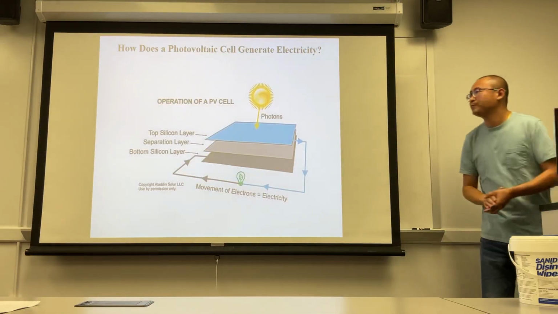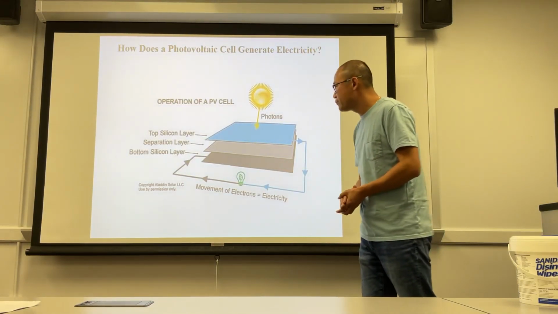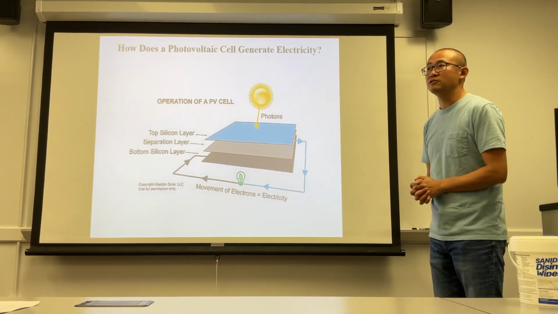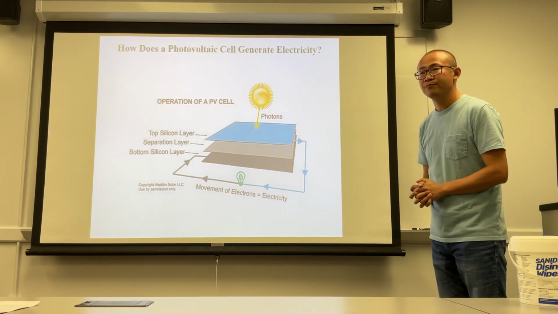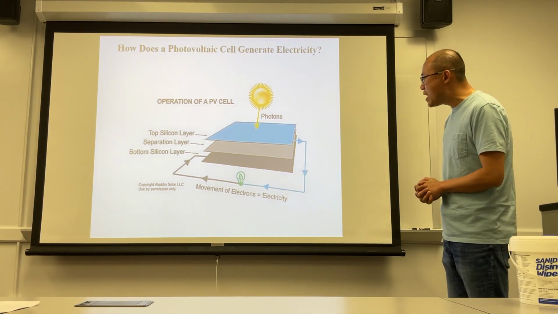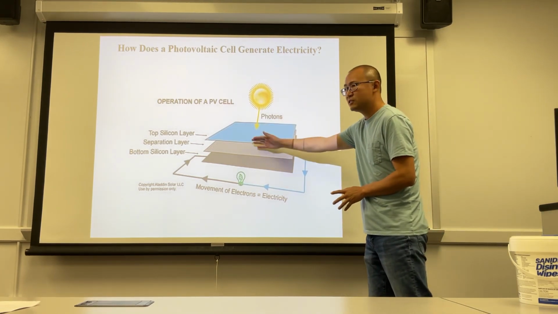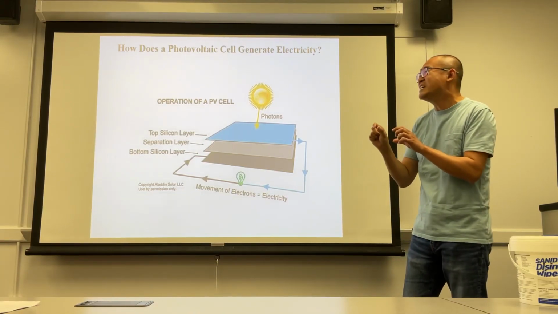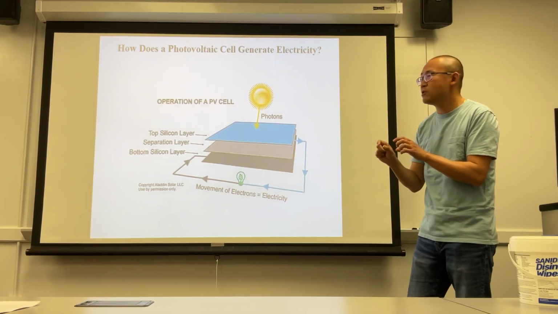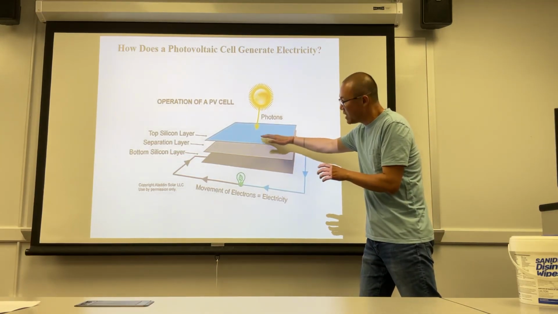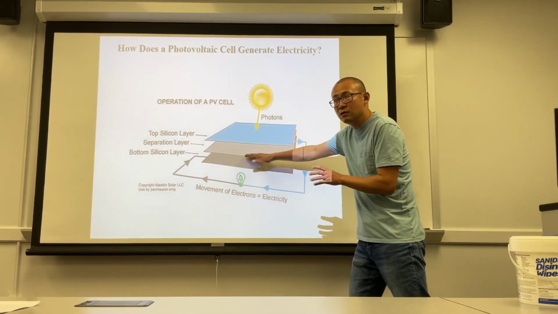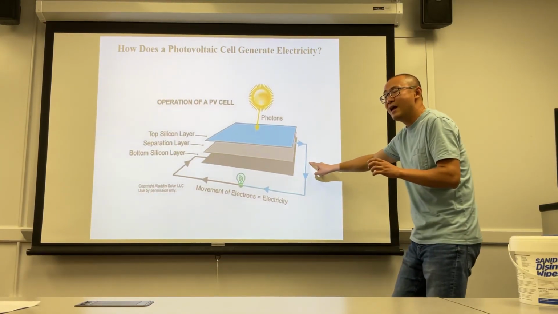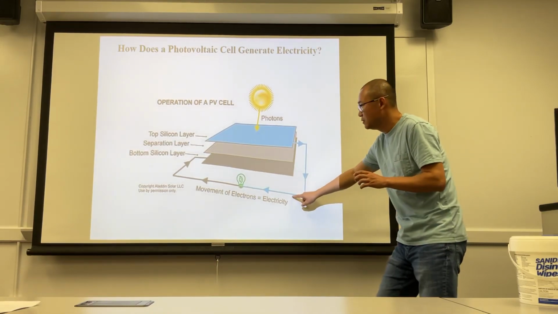In a photovoltaic cell, PV cell, we usually have layers of semiconductors, mostly silicon. When sunlight hits one layer of silicon, it will dislodge electrons from that layer. Because these two layers are separated, the dislodged electrons can only go through an external circuit to what?